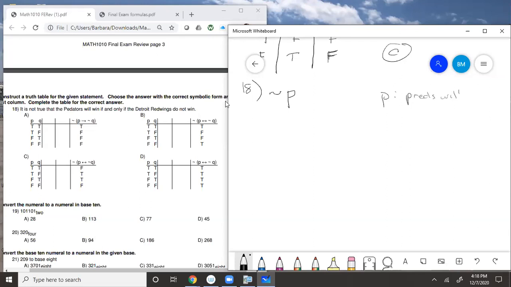Okay. So the first part, it is not true, Preds will win. If and only if. So that's this double arrow. The Detroit Red Wings do not win. So let Q be Detroit Red Wings win. All right, so not Q. Okay.